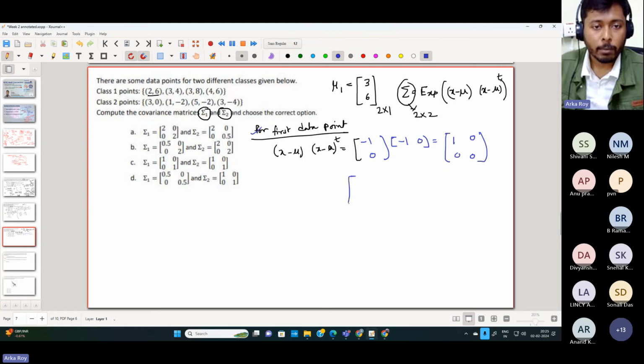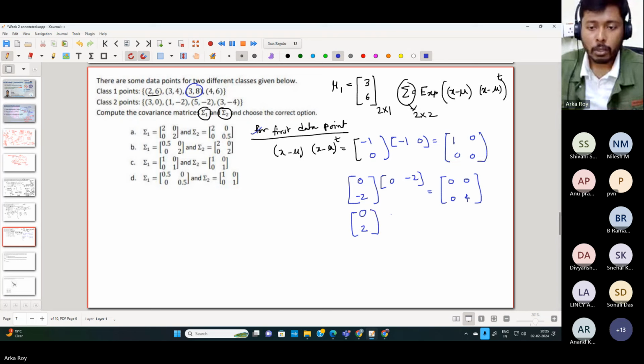Similarly, for the second data point, I am now directly doing this. The second data point will be 0, minus 2. Now you transpose this, it will give you 0, minus 2. If you multiply this, the first row will be 0, 0. In the second, it will be 0 and 4. Okay. For the third case, if you do x minus mu, 3 minus 3 will be 0 and 8 minus 6 will be 2.